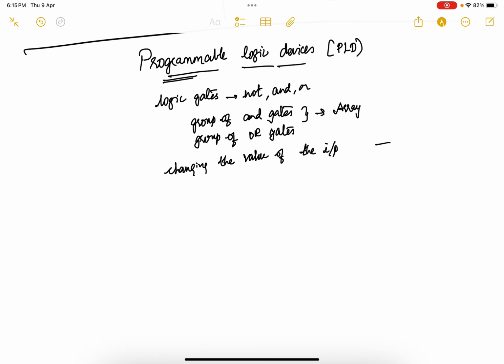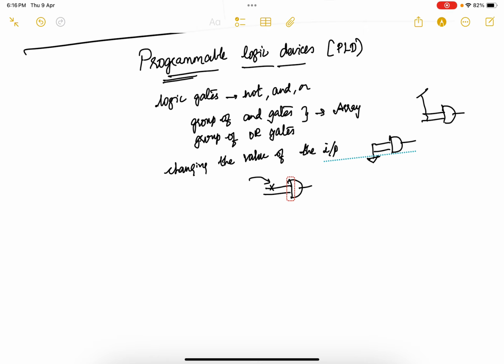For example, in a simple AND gate, I can connect both inputs directly to ground, or connect both inputs to a fixed VDD. These are fixed input supplies where I cannot change my inputs. But in some combinational or sequential circuits we can change the inputs, and that is called programming.